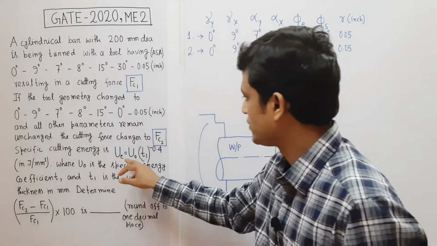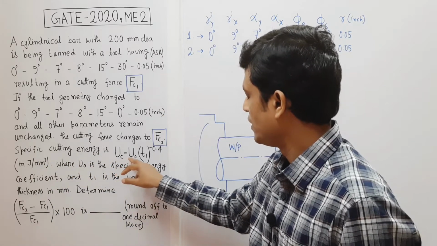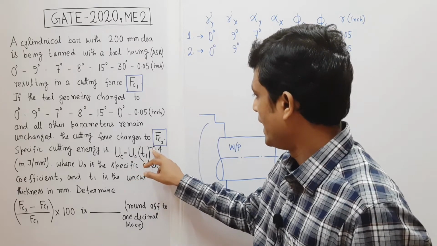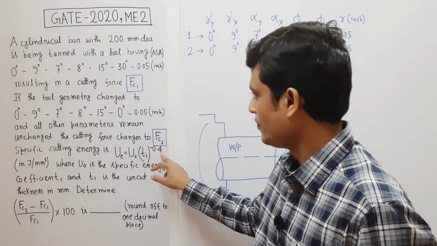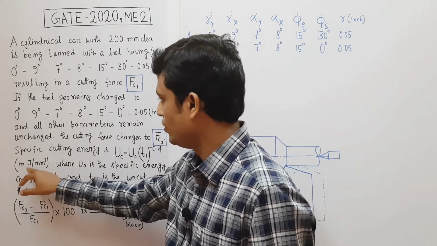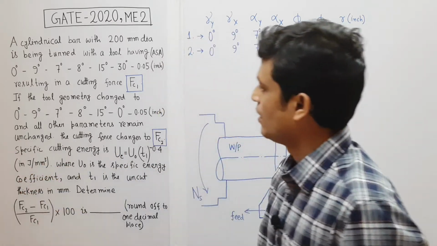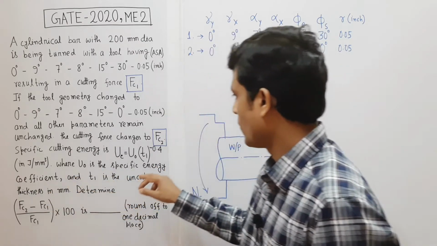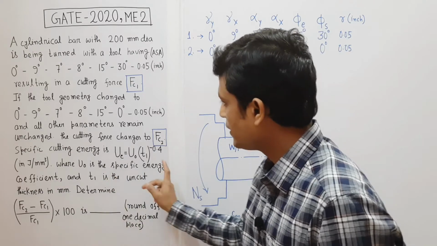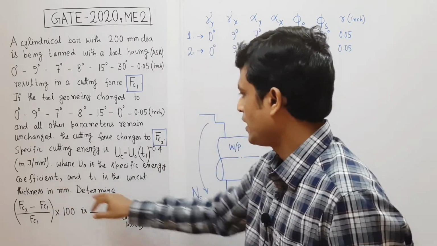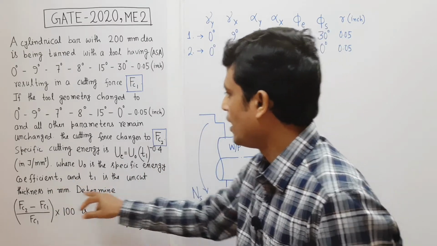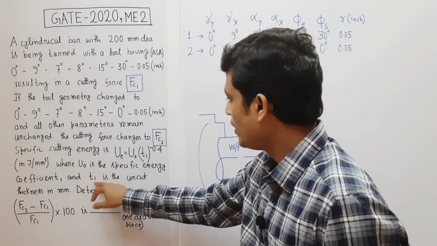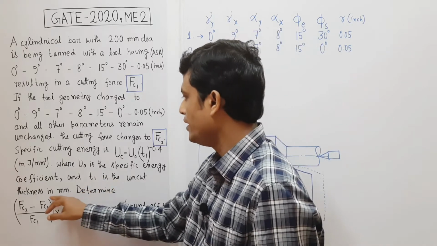Specific cutting energy is given, that is UC is equal to U0 T1 to the power minus 0.4, and the unit of UC is joule per millimeter cube, where U0 is the specific energy coefficient and T1 is the uncut chip thickness in millimeter.